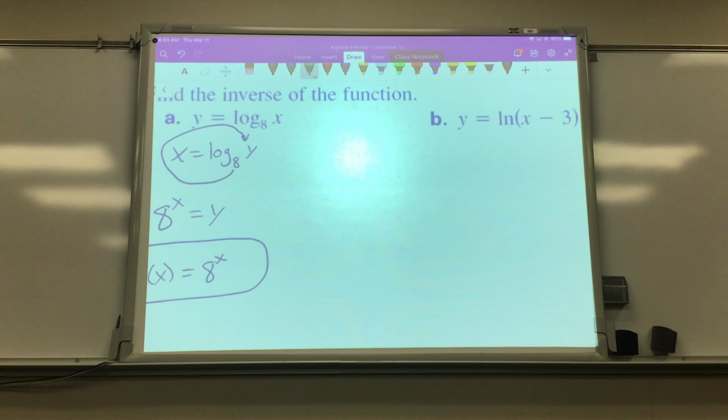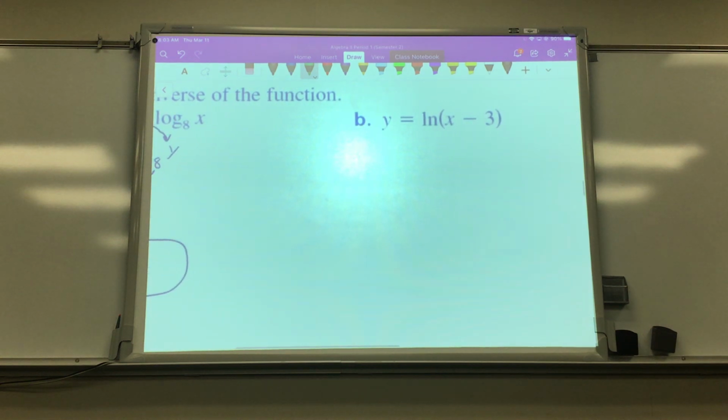Now, on B, what's ln? What's natural log again? Anybody? Natural log is just log base e, correct?